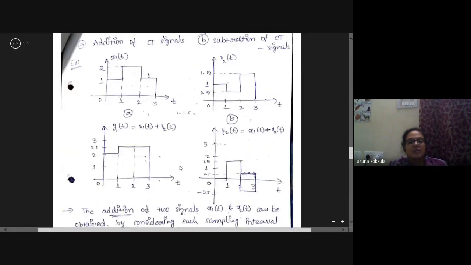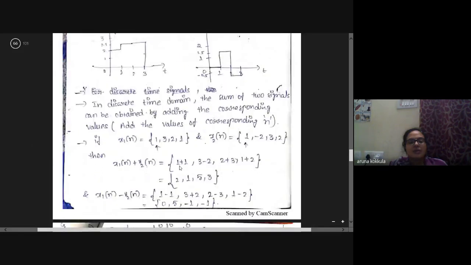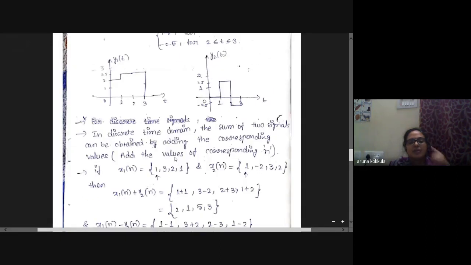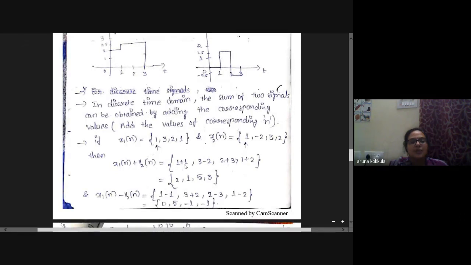Signal addition and subtraction. For discrete time signals, the sum of two signals can be obtained by adding the corresponding values with respect to corresponding values of n. x1 of n is the sequence 1 3 2 1, and x2 of n is the sequence 1 minus 2 3 2.